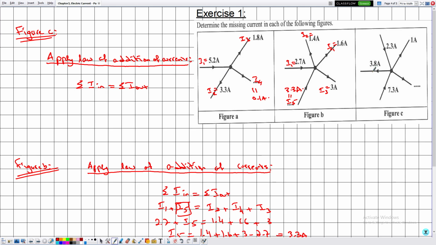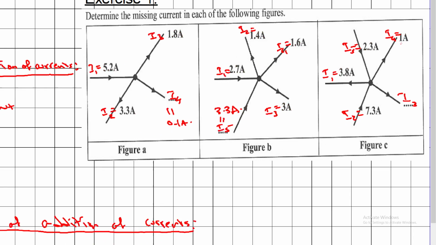Let's label the currents: this is I1, I2, I3, I4, and I5. On the left hand side of this equation we write the currents entering the node.